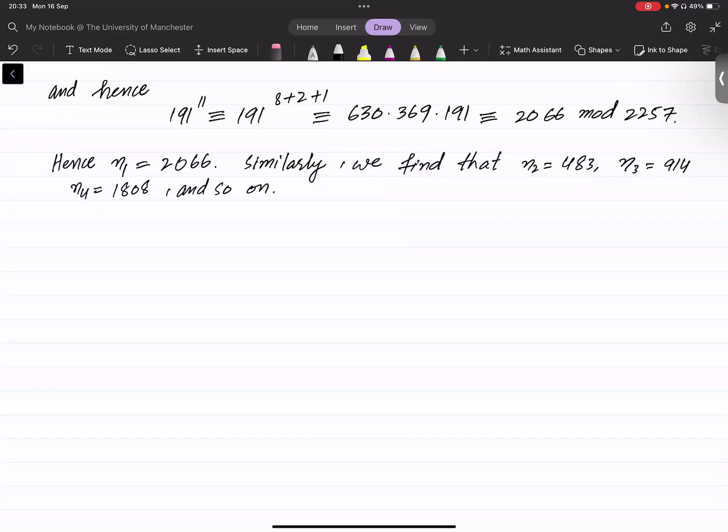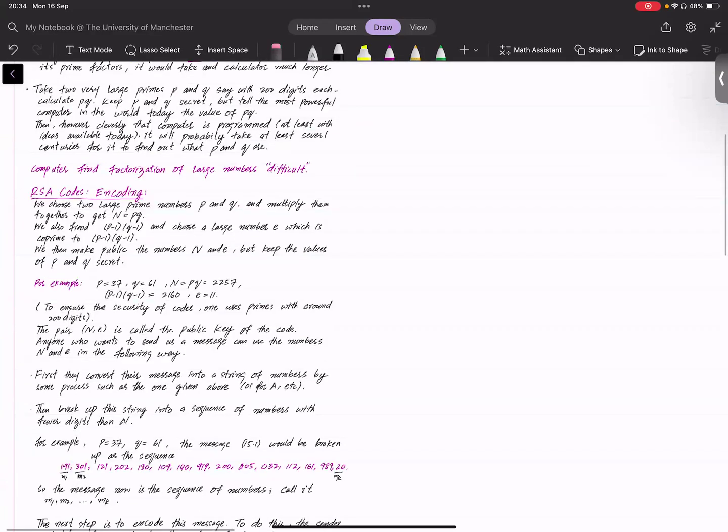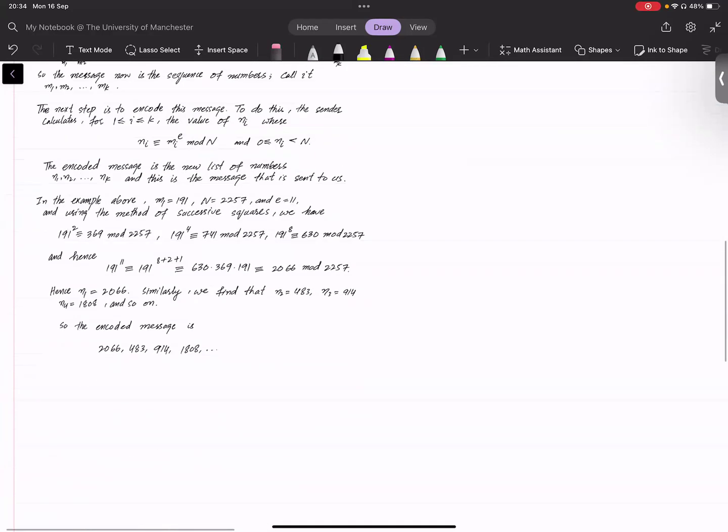So the encoded message is 2066, 483, 914, 1808 and so on. And this is the process by which we encode any message. Okay, so this is how we encode the messages.